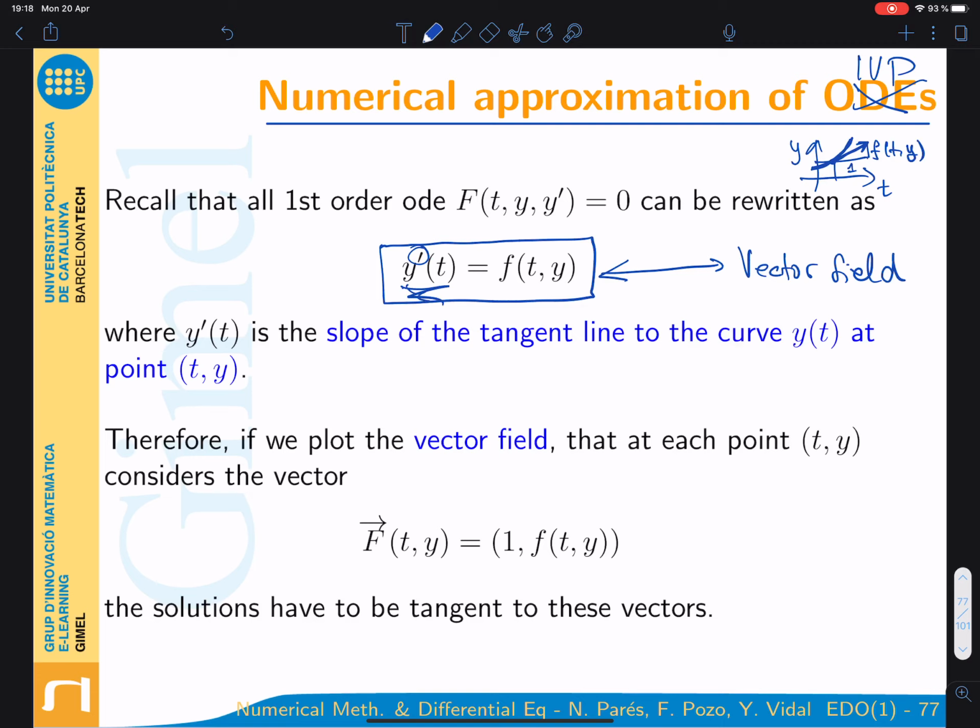So y prime of t gives us the slope of this tangent line.